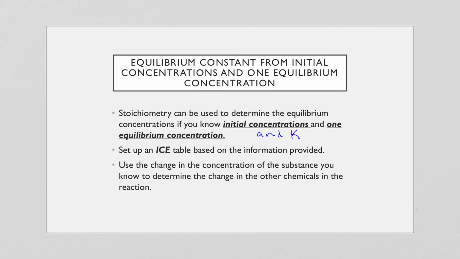Now, all of these types of calculations that we're going to look at are going to utilize what we call ICE tables. Now, we'll see that an ICE table stands for initial, change, and equilibrium.